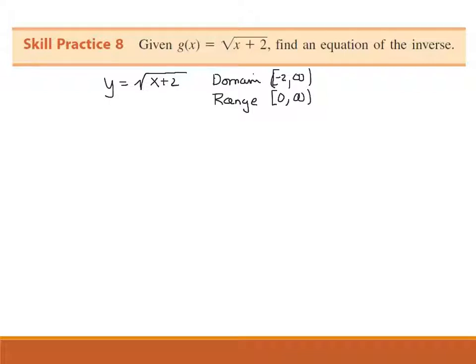So now we'll interchange x and y. So x is equal to the square root of y plus 2. We square both sides. We get x squared is equal to y plus 2. And now we have x squared minus 2 is equal to y.